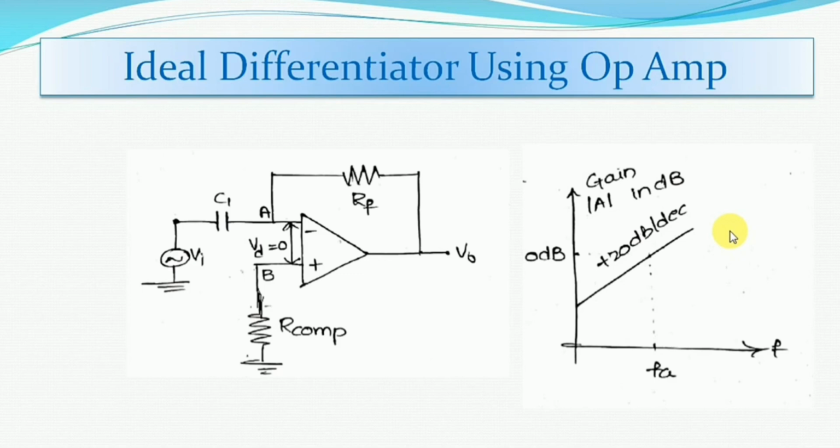So this is the idea of using a practical differentiator to overcome the drawbacks of the ideal differentiator circuit. Now we are going to see what a practical differentiator circuit is, how to derive its output voltage expression, and how its frequency response looks.